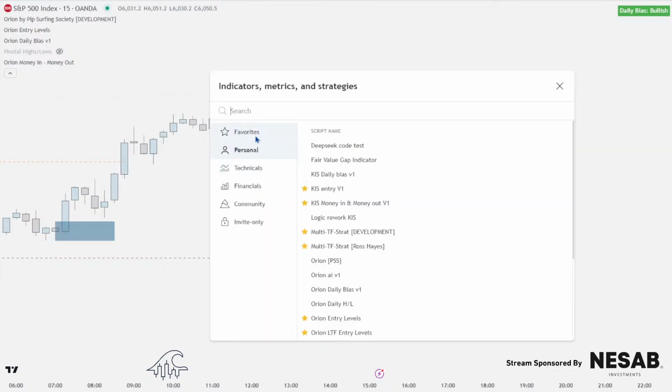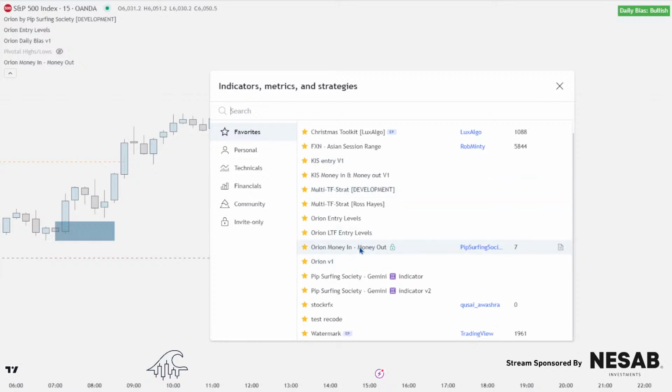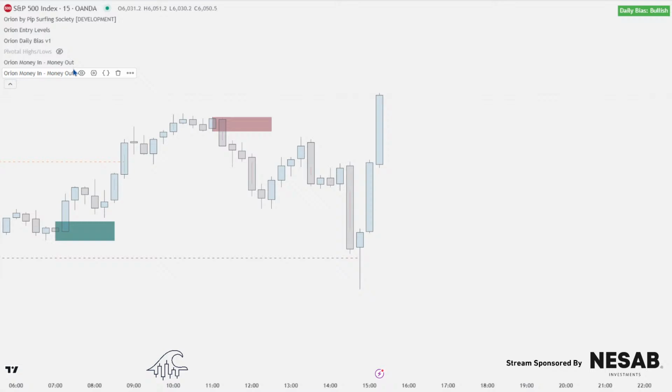Got on favorites here. Yeah. Cool. All right. Yeah. It's cool. Right. So if you are using the money in, money out indicator, just reset it on your chart.